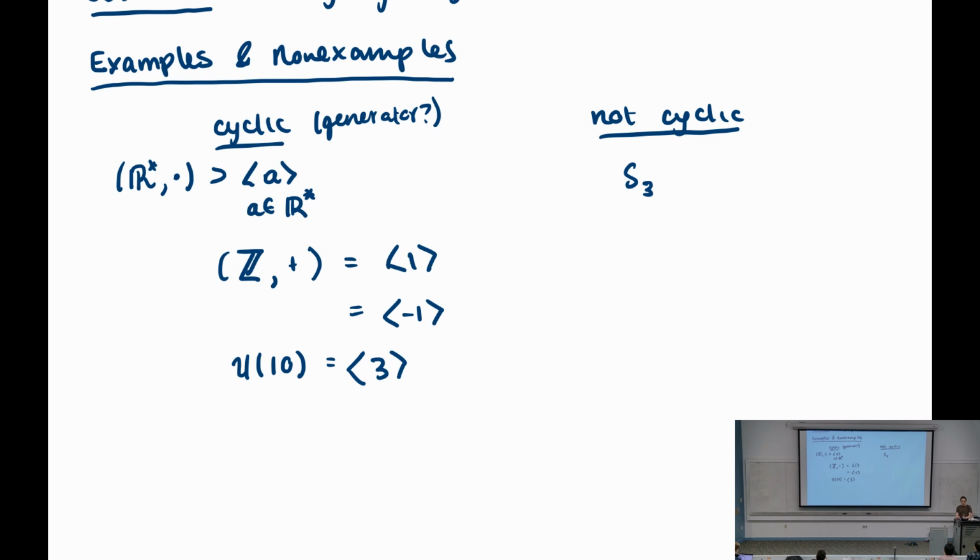And then U8, I had also written down as an example of something that wasn't cyclic. What about groups using addition modulo a number? Like Z6, where does this fall? Cyclic or not cyclic?